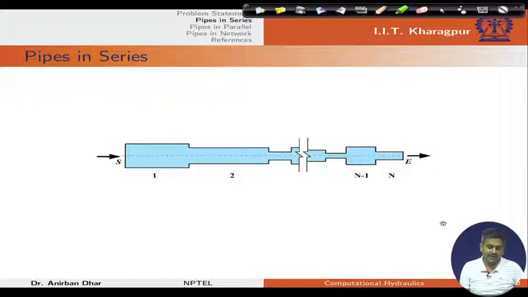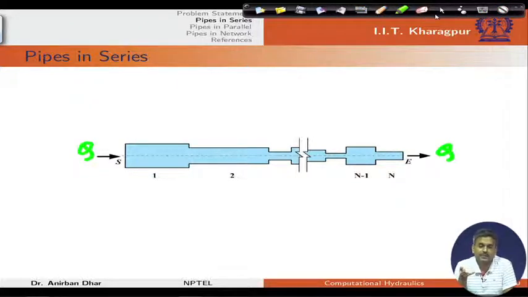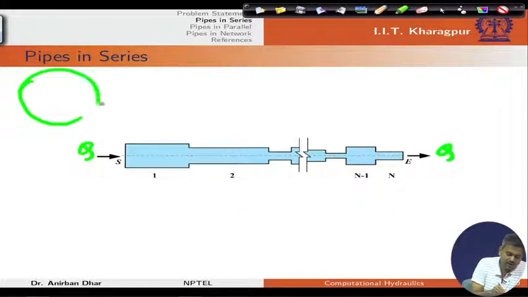Now, pipes in series. In pipes in series, one thing is important, that is whatever discharge is entering into the system, that is coming out on the other end, and obviously in case of pipe flow we are considering pressurized flow condition. So, what is this pressurized flow? Let us say we have a circular cross section for our open channel.